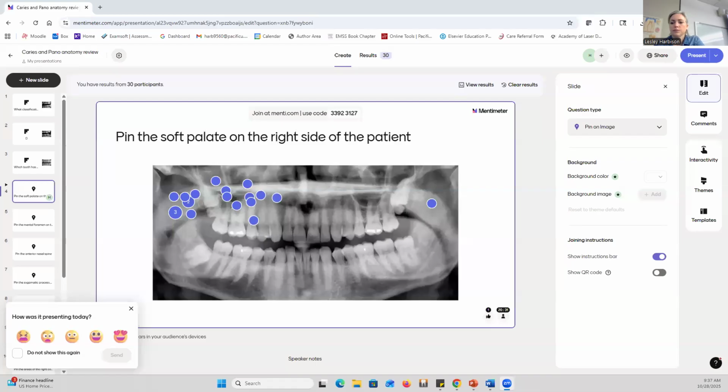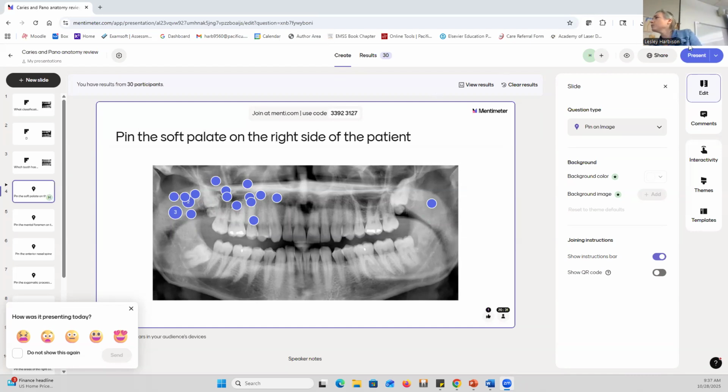Somebody told me that this. Oh my gosh, I fixed it.